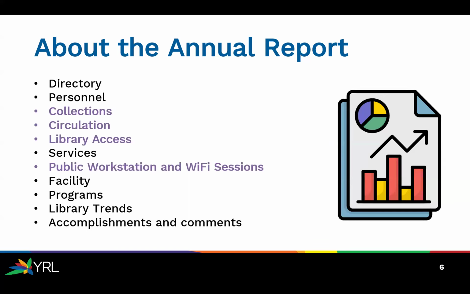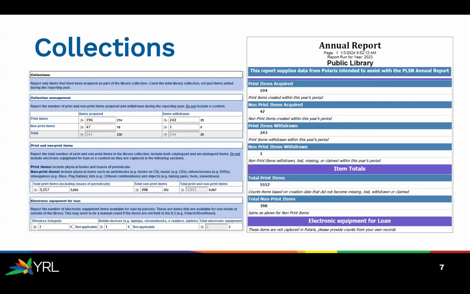Okay, so let's dig into what the actual annual report is going to look like. So on the left side of the screen here, we have a screen capture from LibPass from the PLSB survey. And now on the right side of the screen, we have the annual report from Polaris and Leap. So the annual report from Polaris Leap is designed so that the categories align directly with the PLSB survey to take any guesswork out.